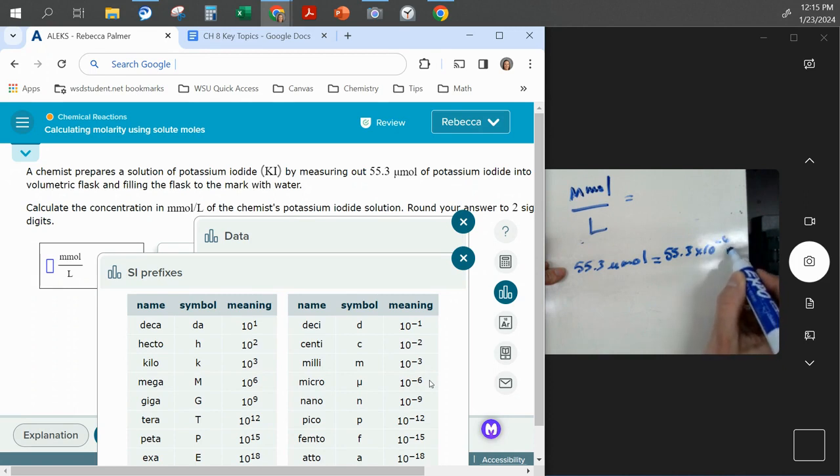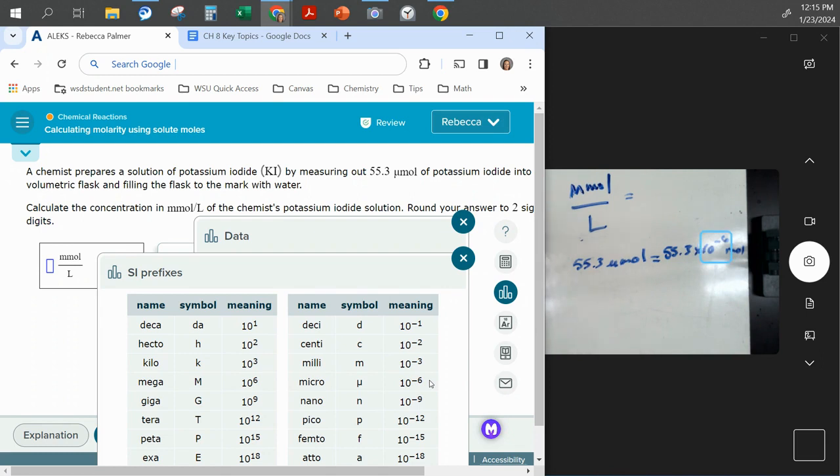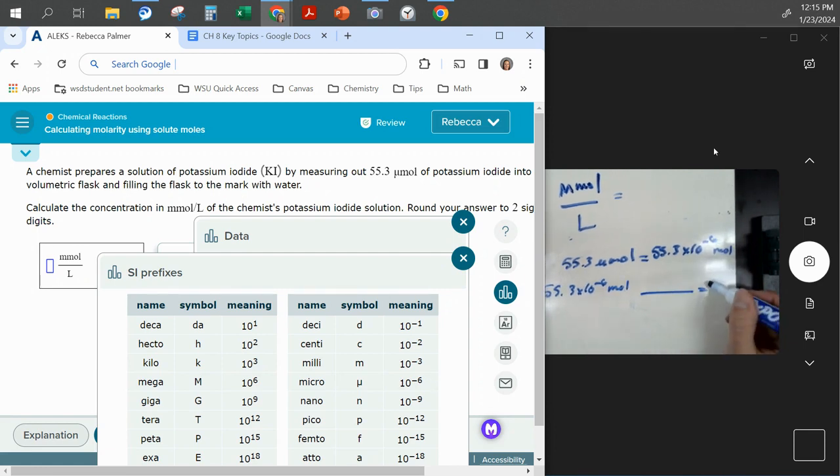That is micromoles. Then I'm going to convert this number, 55.3 times 10 to the minus 6 moles, to millimoles. I know there's 1,000 millimoles for 1 mole.